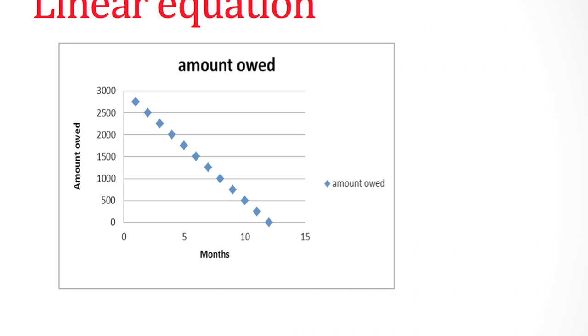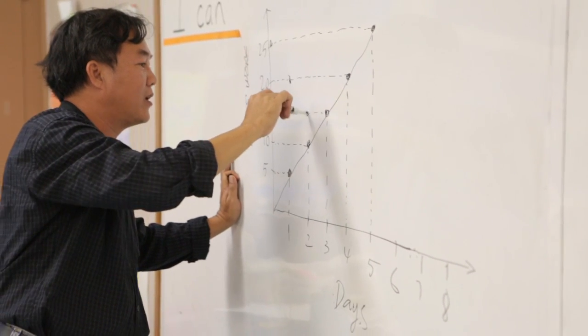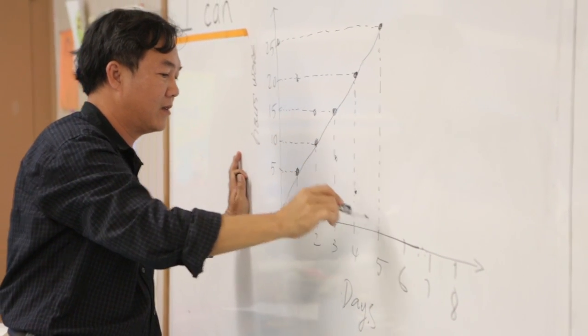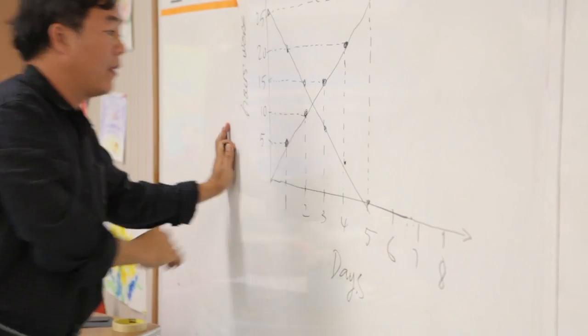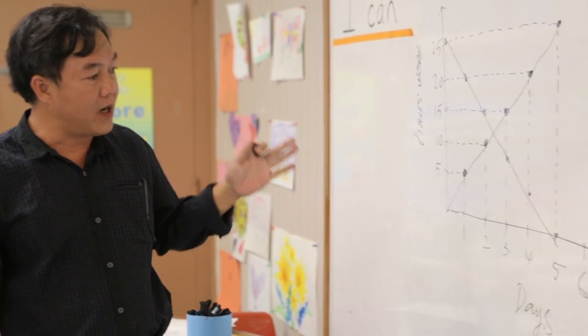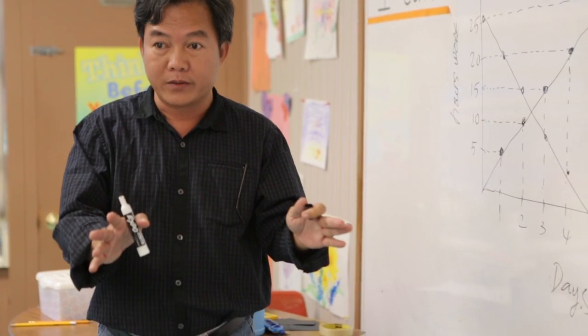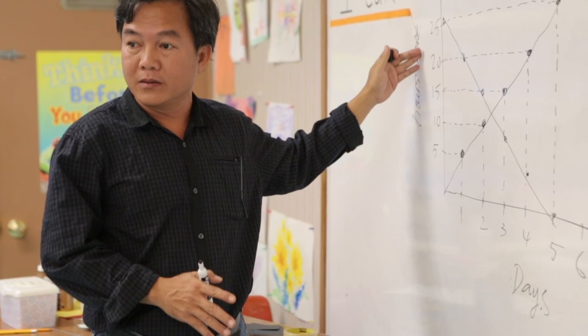You understand it? Yes. So sometimes with the linear equation, the line starts from the origin and goes up to the right side. But sometimes it starts from here and goes up like this, or goes down like this. You know why? When the line goes up, it represents that the more days you work, the more money you get paid, right?